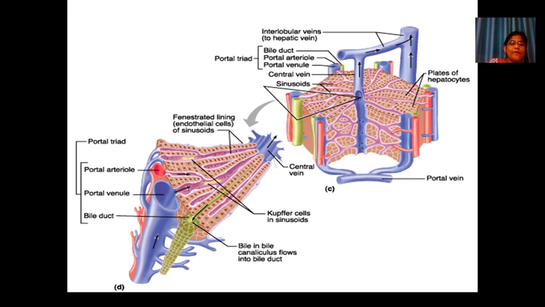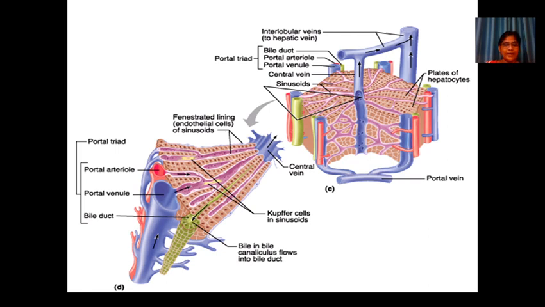Okay, clear all of you what I am telling? So clearly you can observe. Sinusoid blood or mixed blood enters toward the central vein, whereas this bile is secreted from center to periphery into the bile duct. Okay, clear?